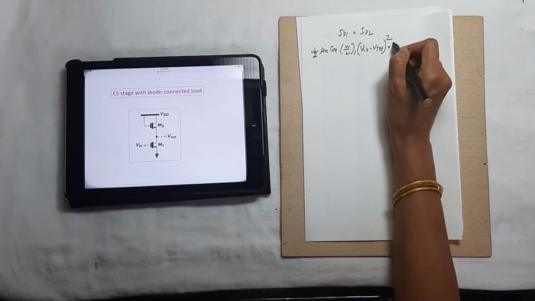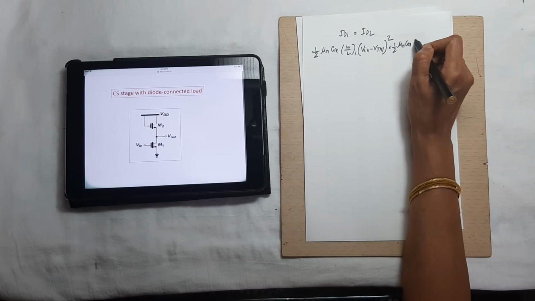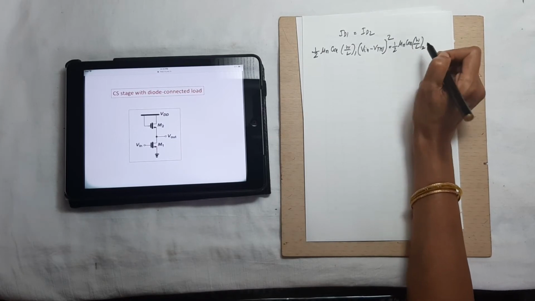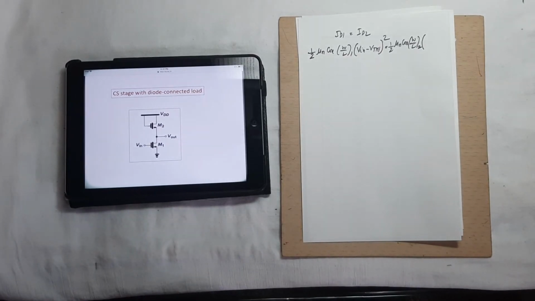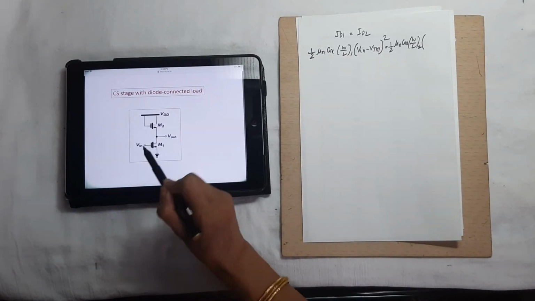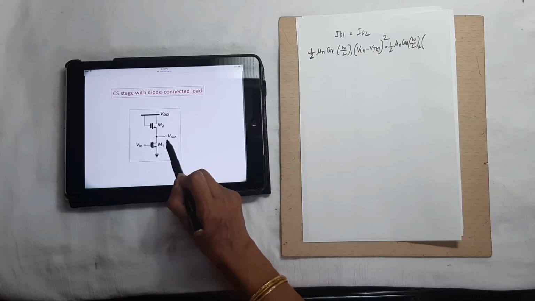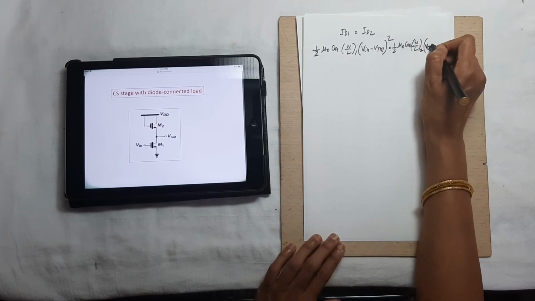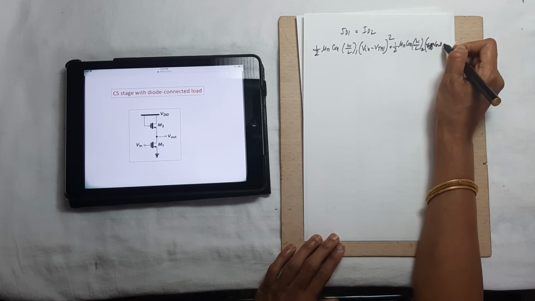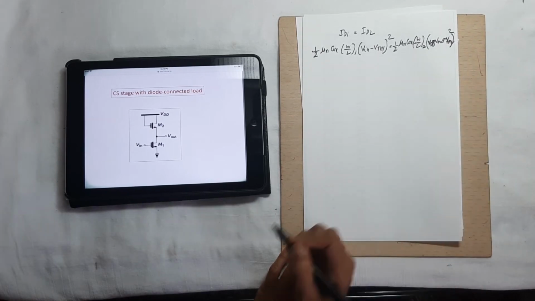So this is equal to half mu n C ox W by L of the second transistor and VGS minus VTH whole bracket square. Gate to source voltage: the gate voltage is connected at VDD and the source voltage is at Vout. Therefore, we write here VDD minus Vout minus VTH2 whole bracket square.